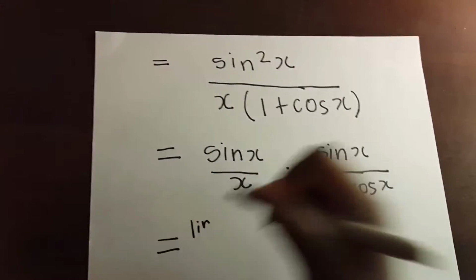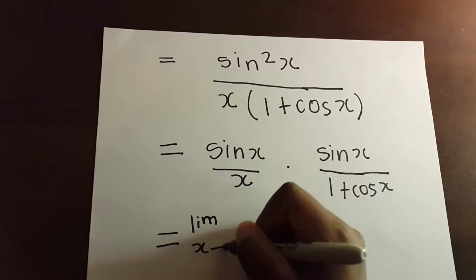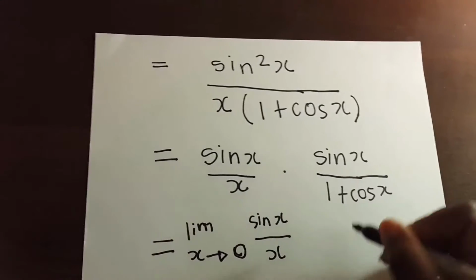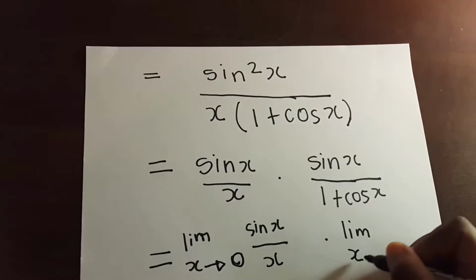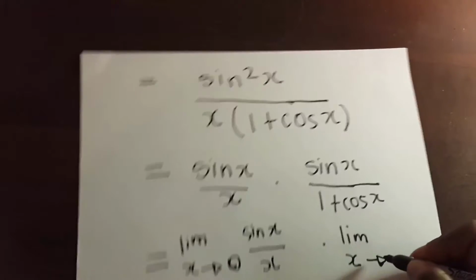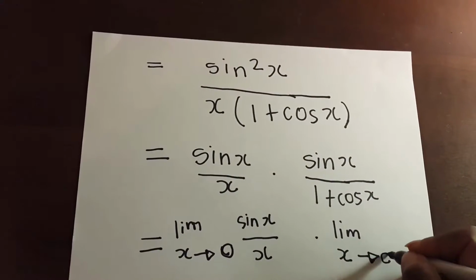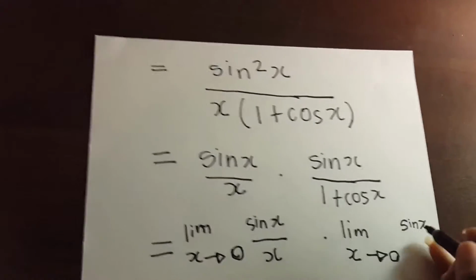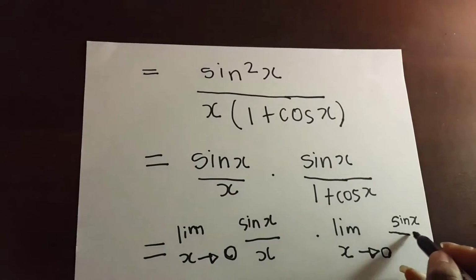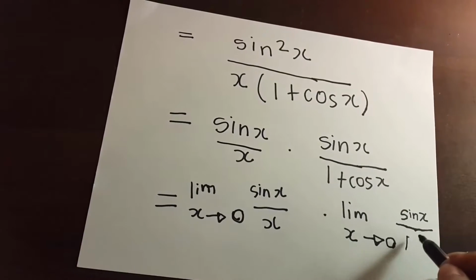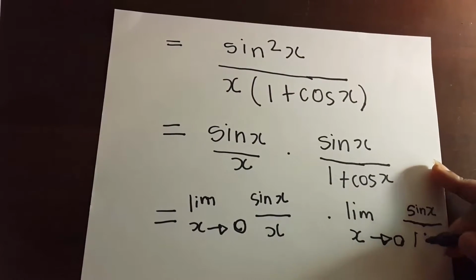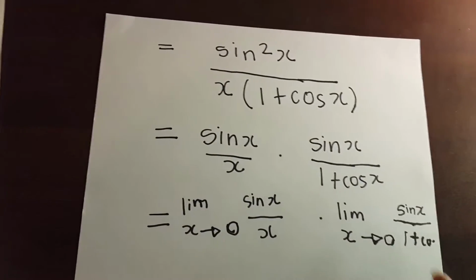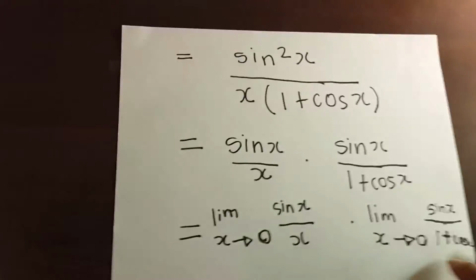We say the limit as x approaches 0 of sine x over x, multiplied by the limit as x approaches 0 of sine x over 1 plus cos x. Sorry about the writing.